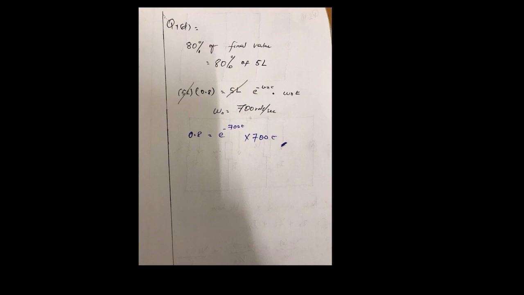Here we can say that critical damping gives the fastest response among all the damping cases we have calculated, and these are the calculations for part D. We get 0.8 equals E over minus 700 C times 700 C. The comment will be that the value of T here gives the shortest time.